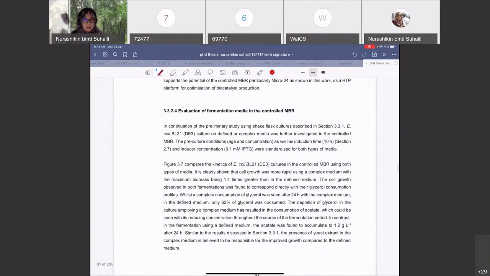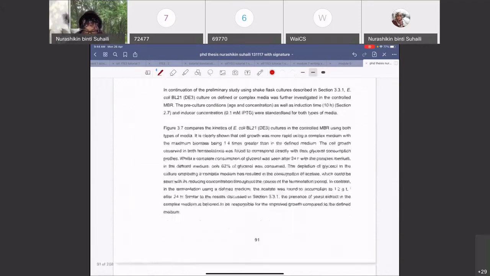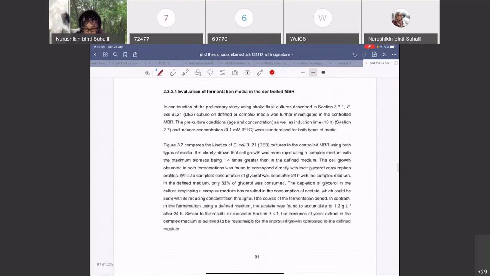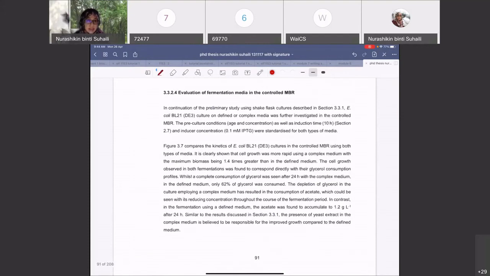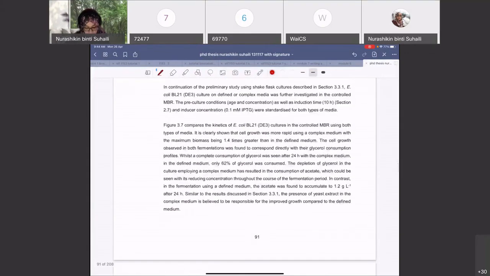So if you see here, figure 3.7 is to show this figure. Another thing is about figures and tables. They should be introduced in the text. Although you put it in between the text, like this one, I put it here, figure 3.7, the paragraph before that should mention it.